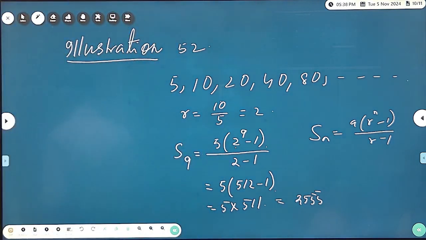Write 5 into 2 to the power 9, that is 512.